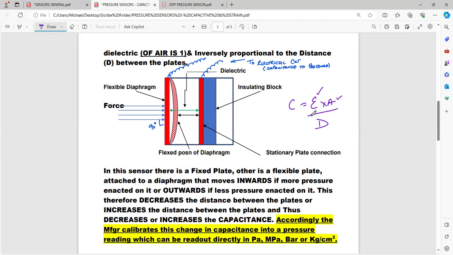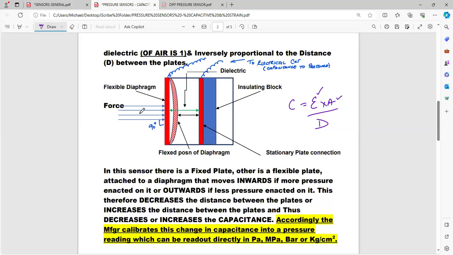What then can change? Remember, I said this is a flexible diaphragm. If it is not having any force or pressure acting on it, this particular diaphragm will be in this position. And therefore, the distance between the plates, the fixed and this flexible plate, is going to be shown by the green arrow.